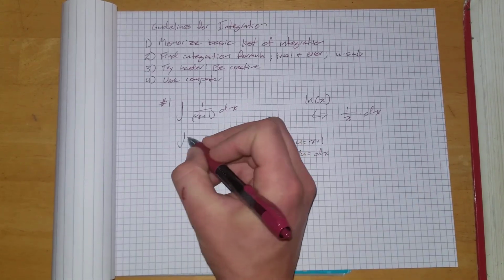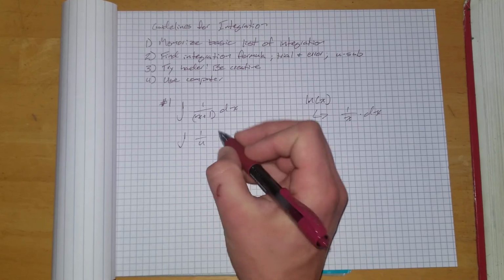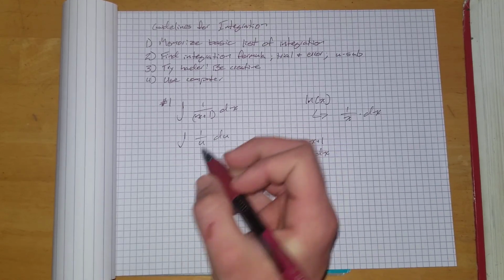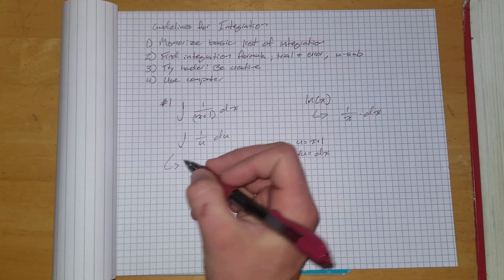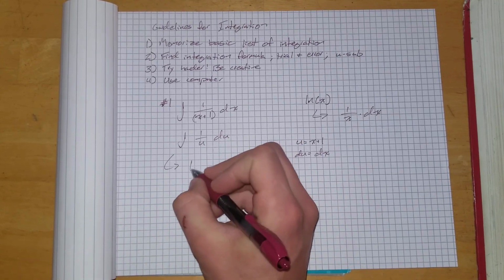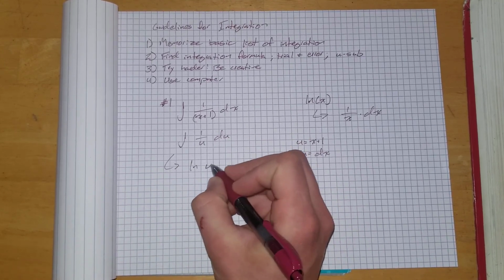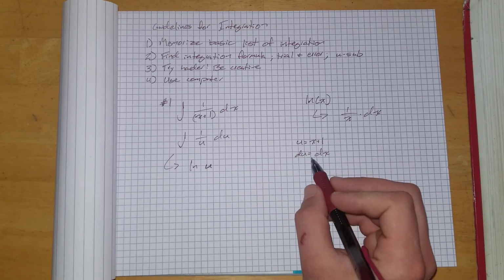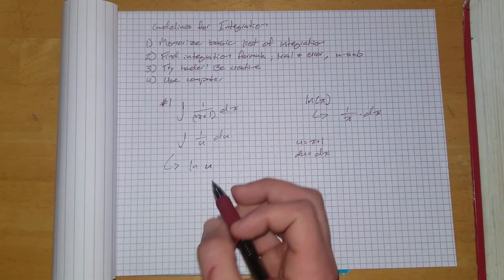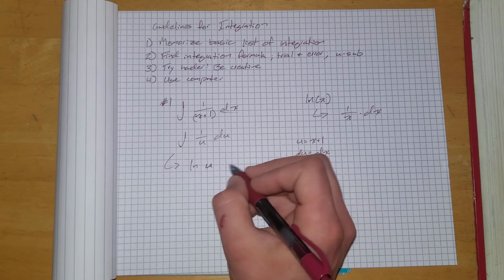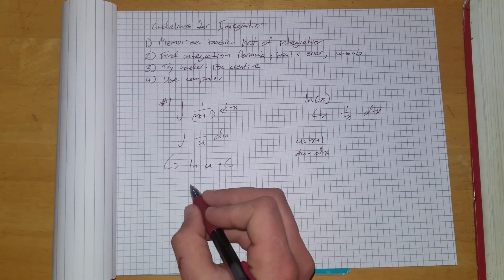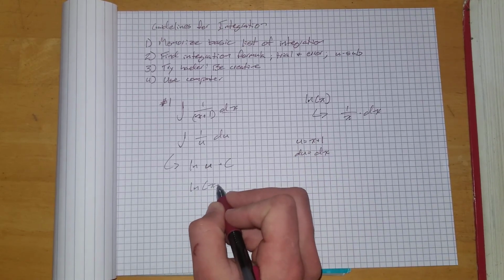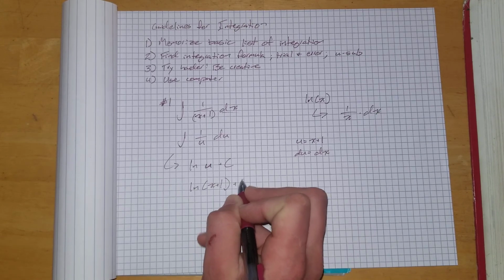We come back over here, integrate 1 over u du. Know that this is going to be ln of u. And since we have dx here, we know that we are basically done. Ln of x plus 1 plus c.